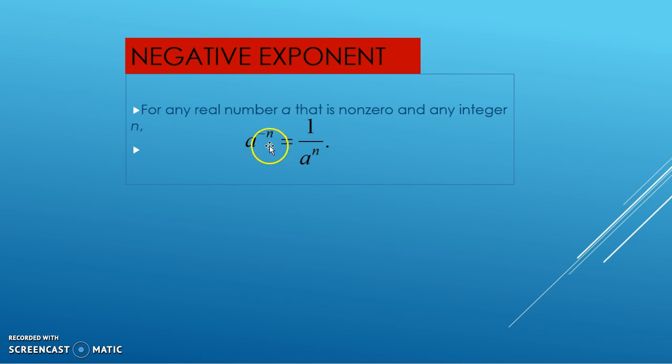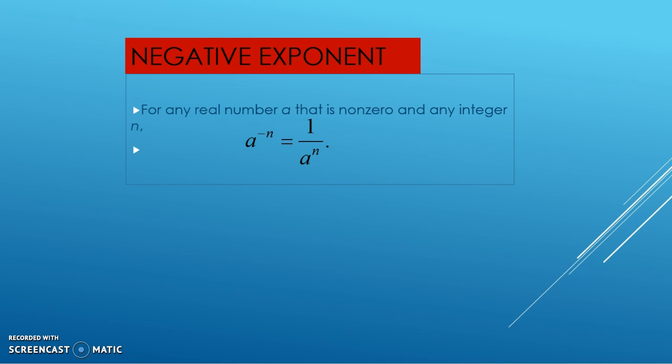If it's in the numerator, which this one is because there is no denominator, you cross the line, so you move it into the denominator and change the sign to positive. It works the same way if it was already in the denominator and you wanted to make it positive: you would just pull it up to the numerator. So cross the line, change the sign. That's the negative exponent rule.